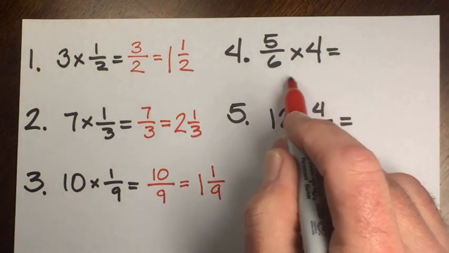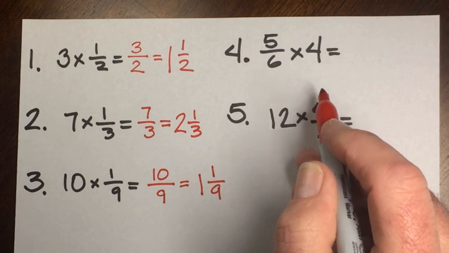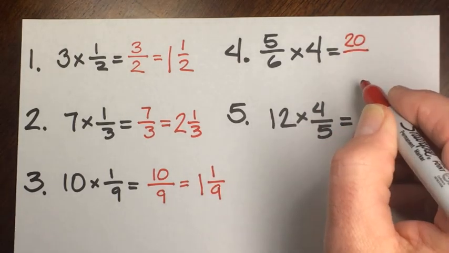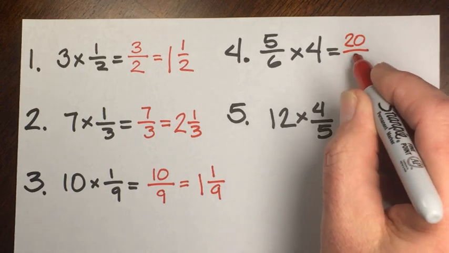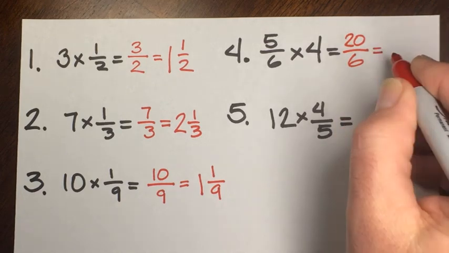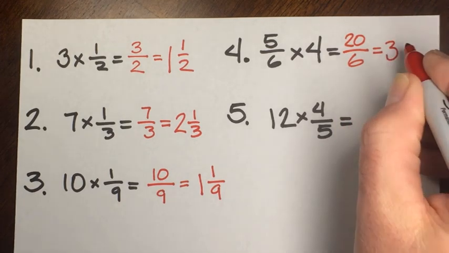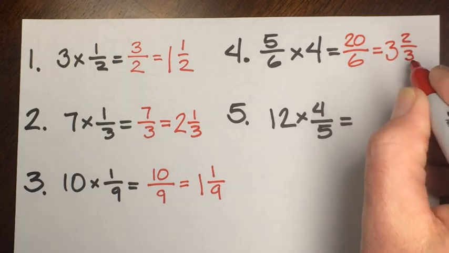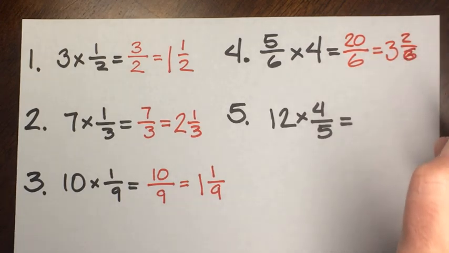Number 4, when I switch the order, do the same exact way. You'll get 20 on the top, 6 for the denominator. That's equivalent to 3 and 2/3. Sorry, 2/6.